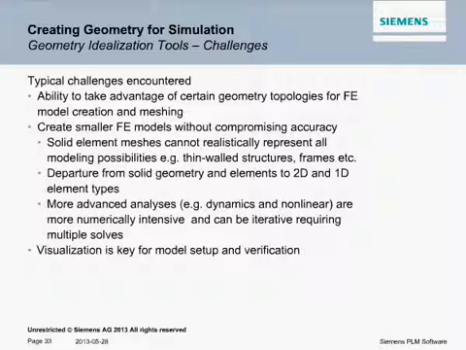So these are cases where solid element meshes can't really realistically represent all the modeling possibilities. So, we have a thin wall structure. You can fill it up with solid elements, of course, but you end up creating a huge model, and it's sort of an order of magnitude even worse when you're looking at frame-type structures.